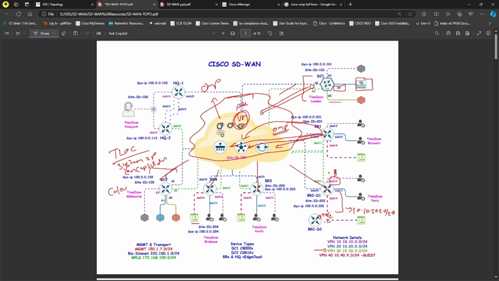Let's take an example where branch 1 wants to communicate with branch 2. Usually, if I want to go from VPN 10 to VPN 10 of branch 2, the route would be: I want to go to 10.10.202.0/24, and the next hop would be an IP address like 220.100.1.202, for example, or 212.